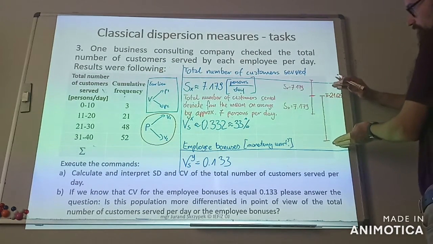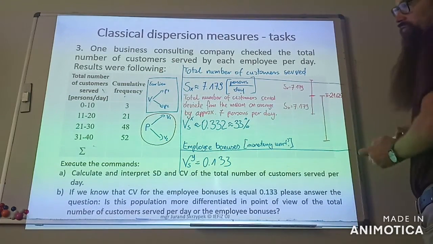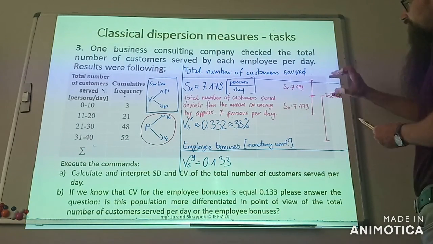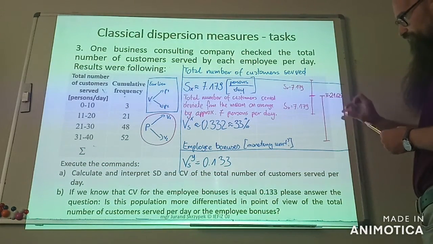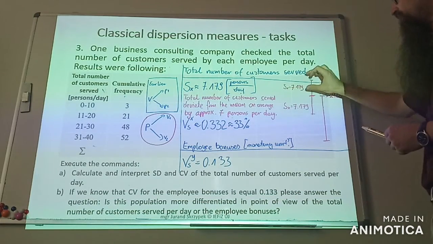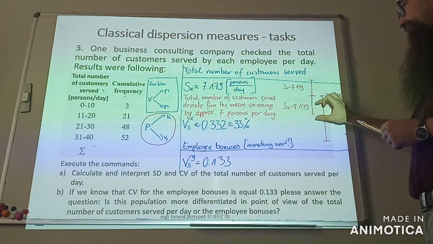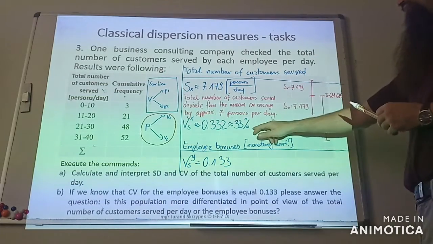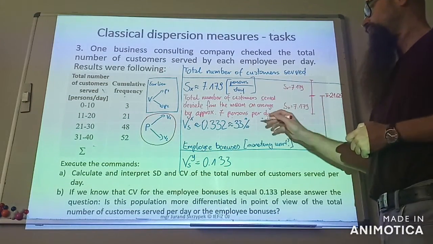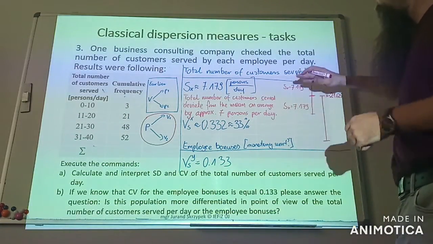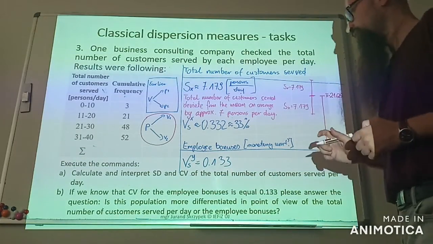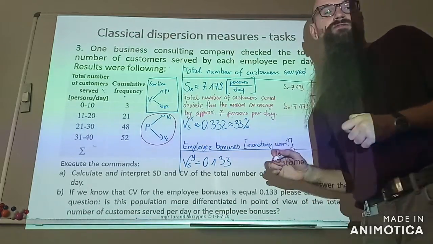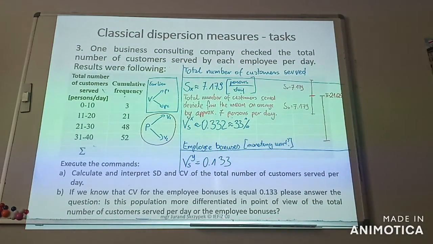And as you can see here, we have the average level of considered phenomenon, total number of customers served, and the average deviation from the mean is about 7 persons per day. This is the average deviation. And here we know that this average deviation represents 33% of the mean. Yeah?